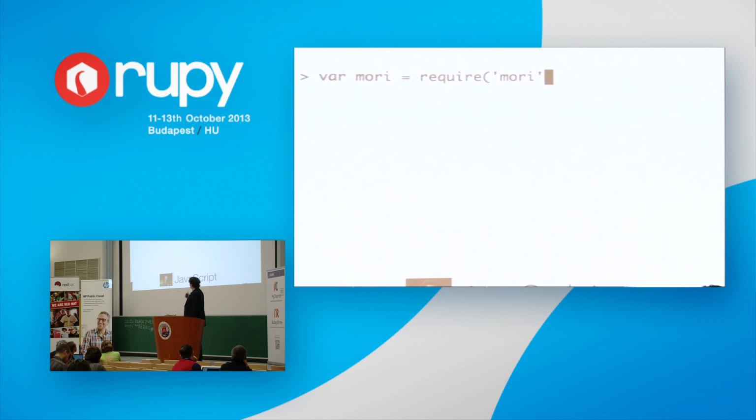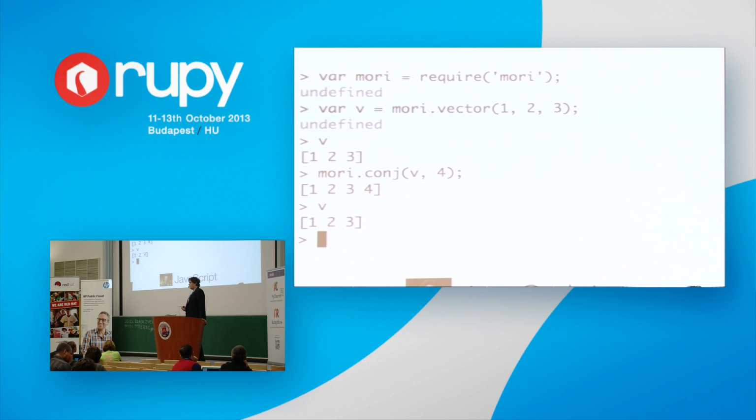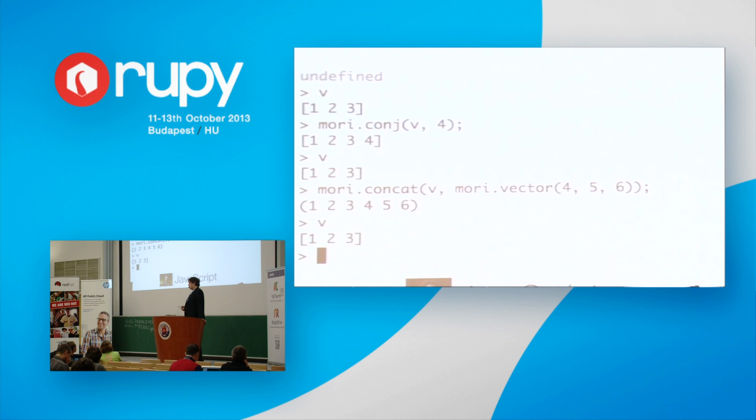Finally, in JavaScript, I would like to mention the Mori library, which is a really cool library. It basically gives you the Clojure persistent immutable data structures for use in JavaScript. Because as you may know, Clojure now compiles to JavaScript as well, and David Nolen has done the work of extracting the data structures from Clojure and putting a nice JavaScript interface on them and putting it all in one file, which you can include in your browser application or Node application, and use Clojure data structures in your JavaScript programs, which is nice to do.